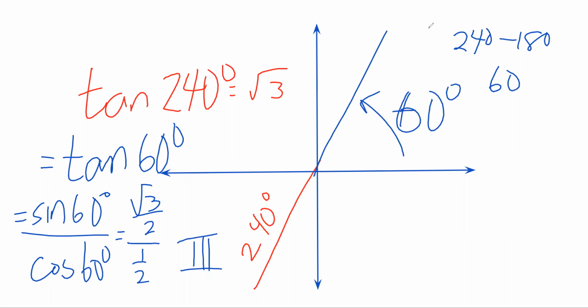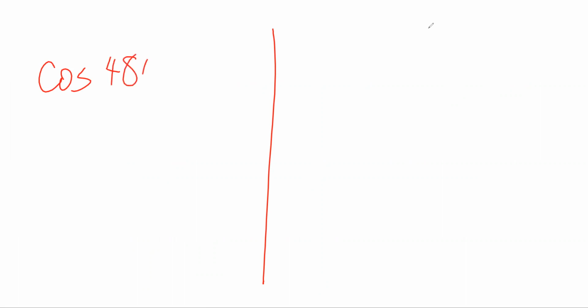You may also get some crazy problems where they want you to find, say, the cosine of 480. Now you're going to find out later that 480 degrees is what they call a coterminal angle.